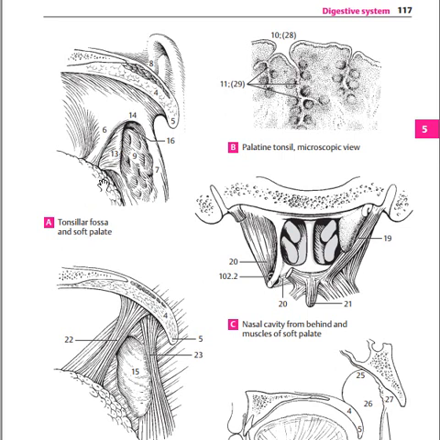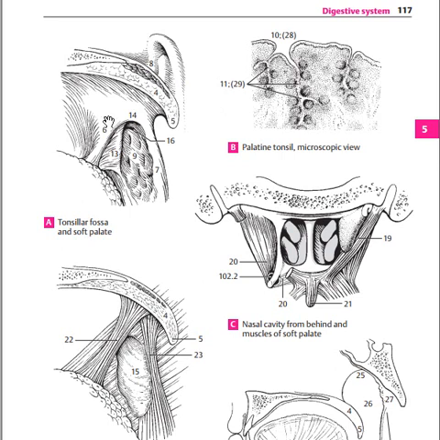The tonsil that lies just posterior and inferior to the tongue is called the lingual tonsil. And there is another tonsil that lies above in the nasopharynx, called the nasopharyngeal tonsil, or the adenoid.